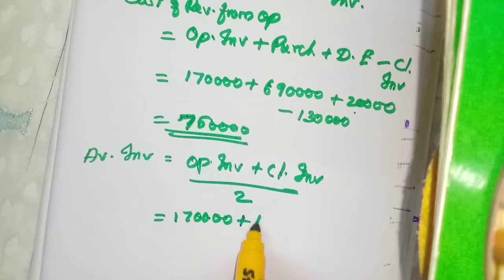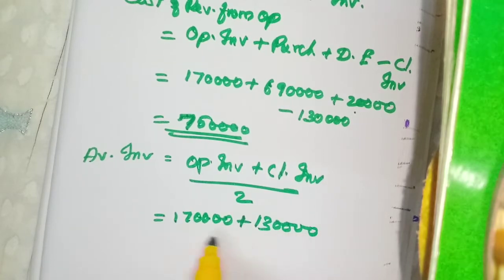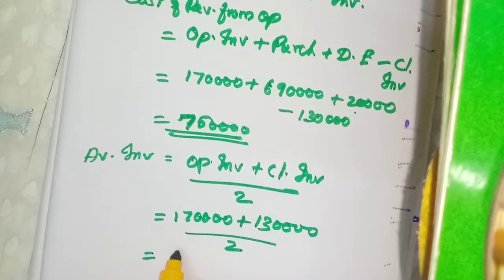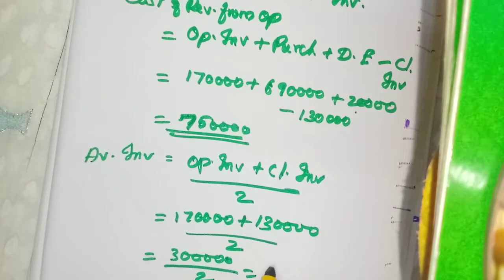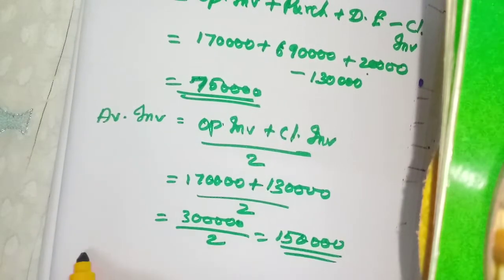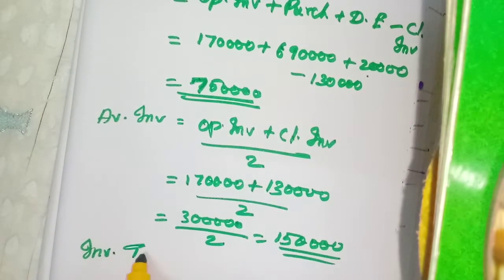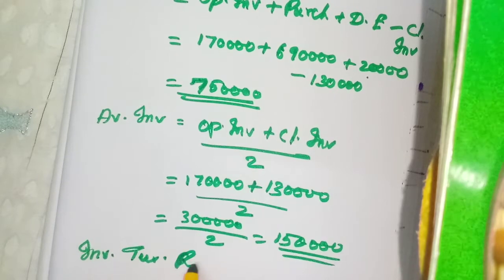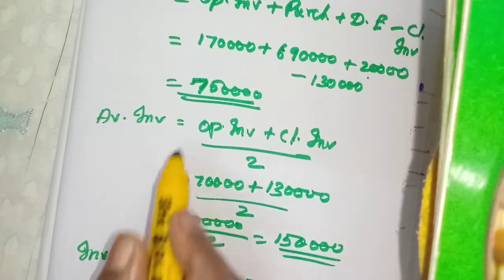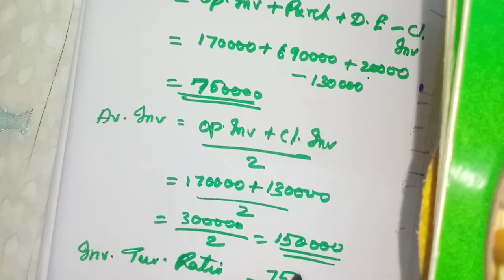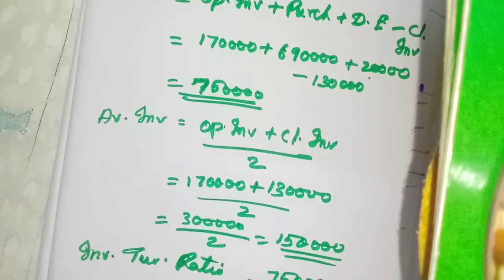Closing inventory 1,30,000, divided by 2. So 3 lakh divided by 2 is 1,50,000. Now we will calculate the inventory turnover ratio. Cost of revenue from operation 7,50,000 divided by 1,50,000.